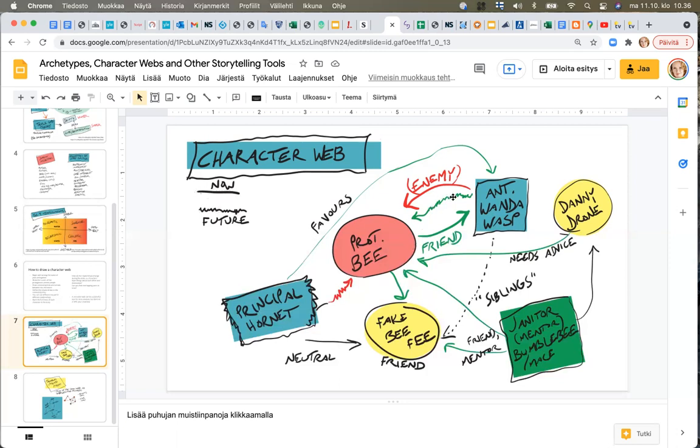It seems that B and Wanda will be friends in the future, like real friends. But the principal Hornet will be B's enemy later on. Okay, and I've also written the functions of each of the characters, like the story functions, here between them.